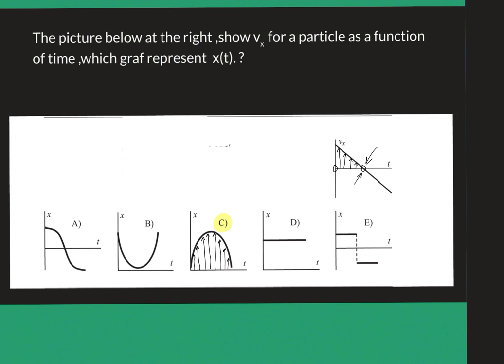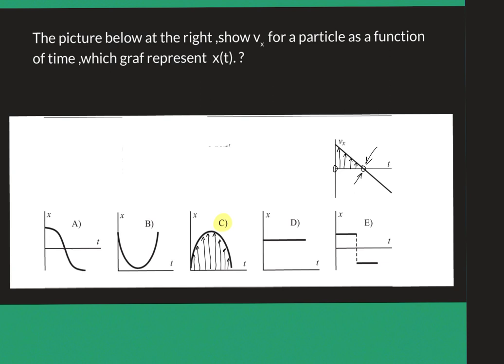So we look at A. A in this case could not be, because the point changes exponentially. It has to be quadratic. So this cannot be. We discard A.